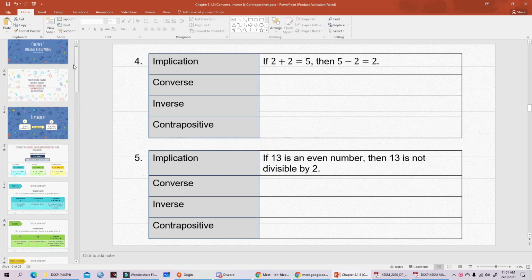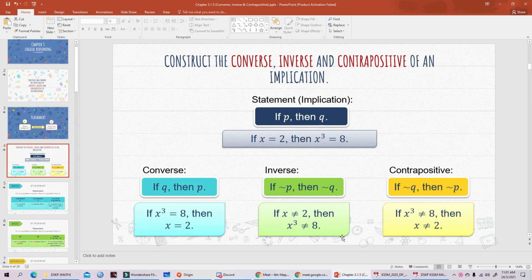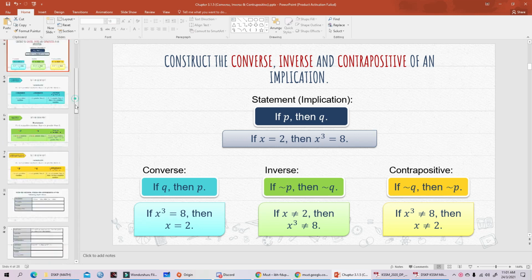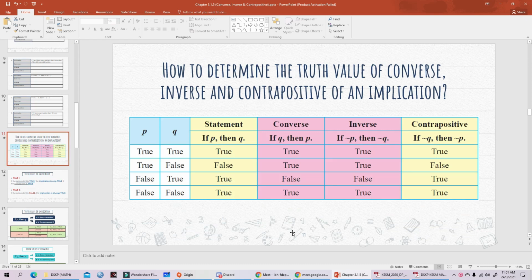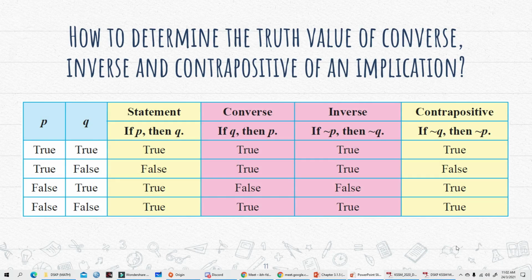You already learned how to construct these three types of statement, which are converse, inverse, and contrapositive. Right now, we're going to determine the truth value. This is the table of how to determine the truth value of converse, inverse, and contrapositive.